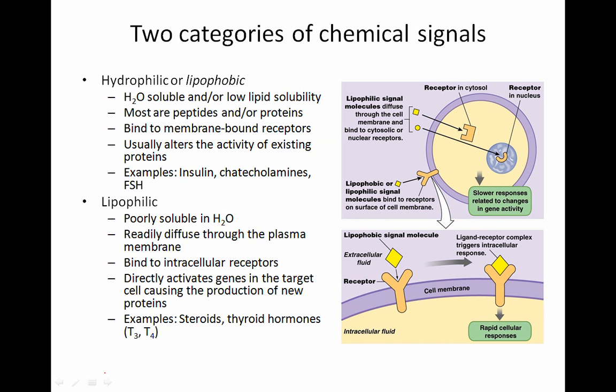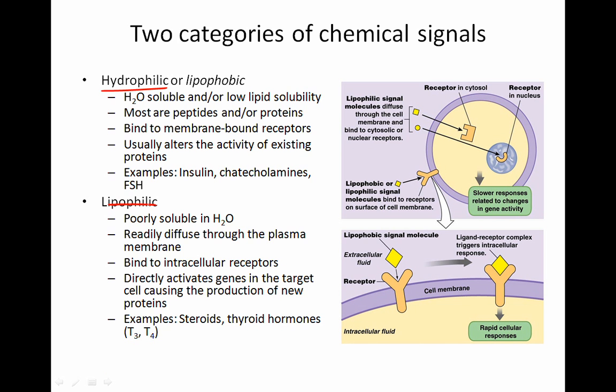Now there are two different types of chemical signals. We refer to them as being hydrophilic or lipophilic. Or if you want to, lipophobic and hydrophilic, but we'll just keep with the first, hydrophilic or lipophilic. The definitions are pretty straightforward.